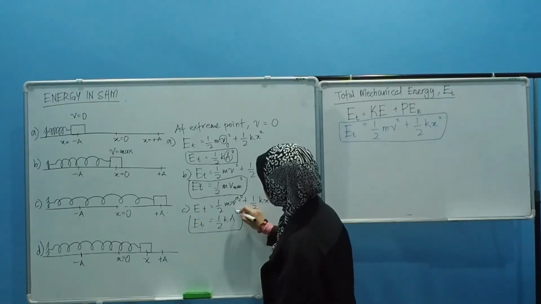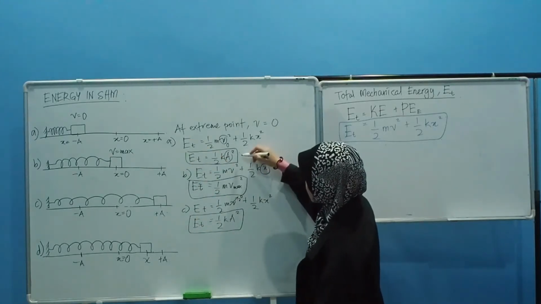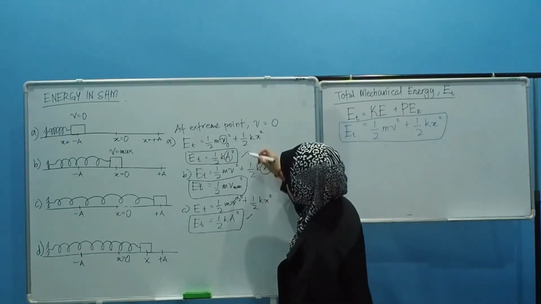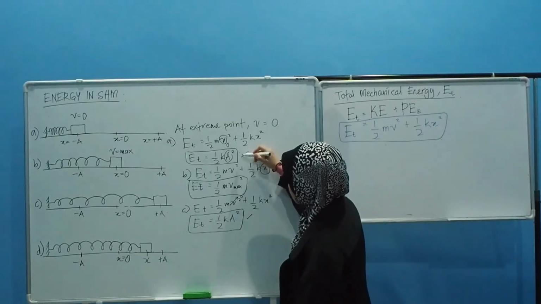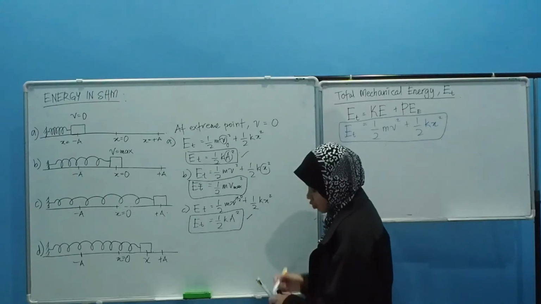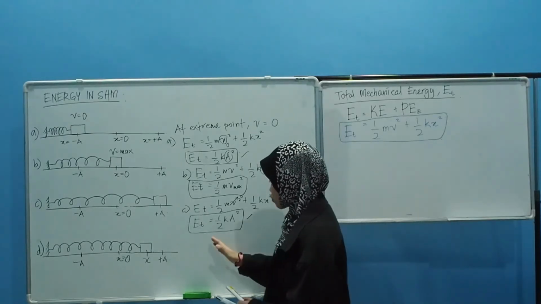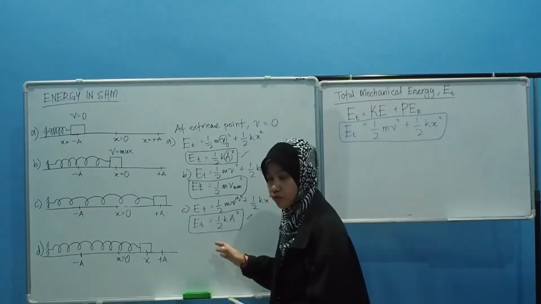So it's similar with the previous one, because this is at the extreme point, and this is also at the extreme point, or at the displacement where x is equal to the value of amplitude.